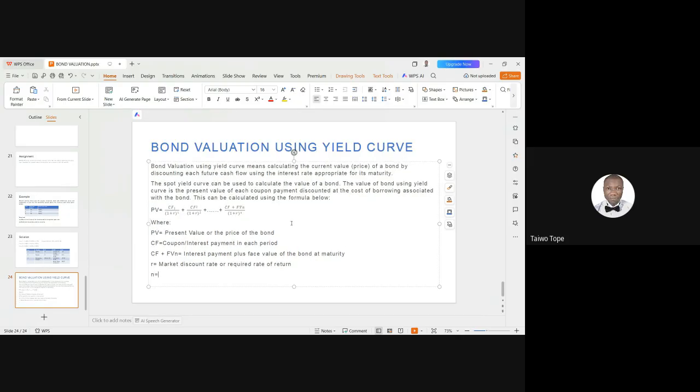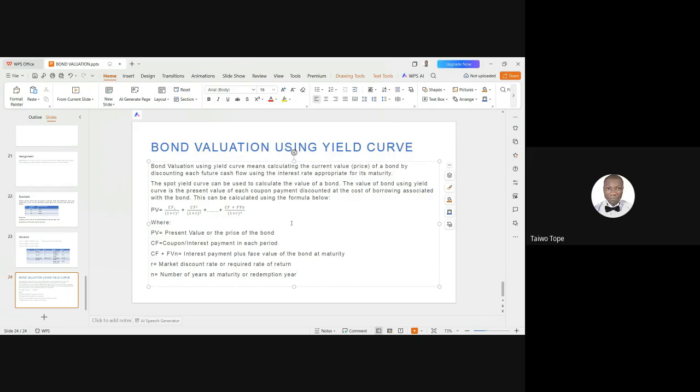N is the number of years at maturity, or we can also say the redemption year. Now, when you are working based on spot rates, you use this formula.